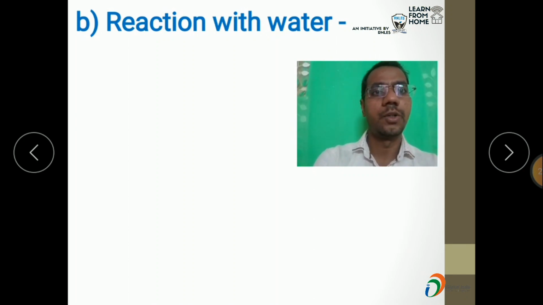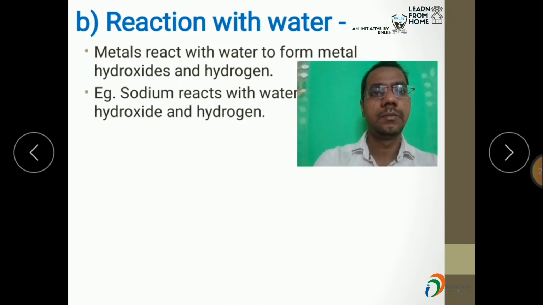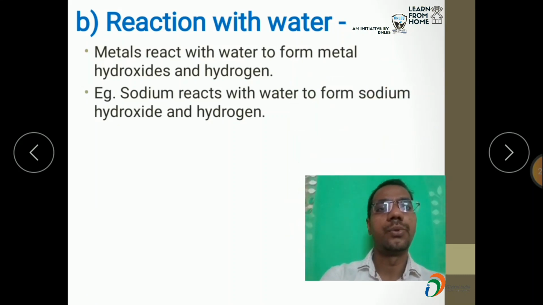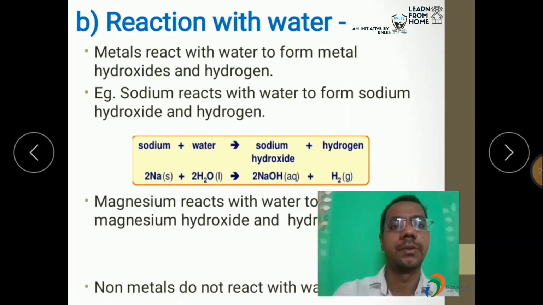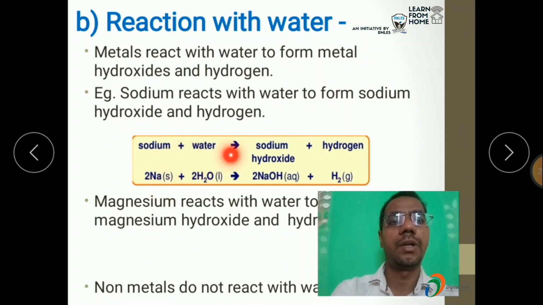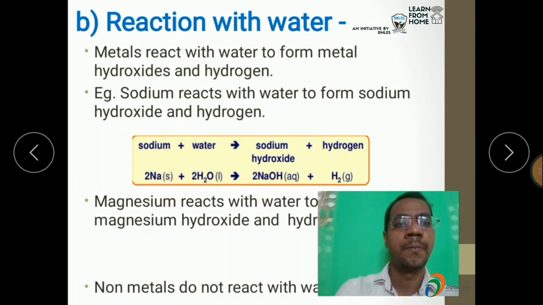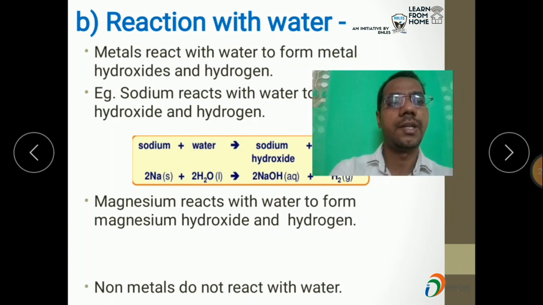Reaction with water. So sodium reacts with the water to form sodium hydroxide, it means OH, and hydrogen gas is evolved.